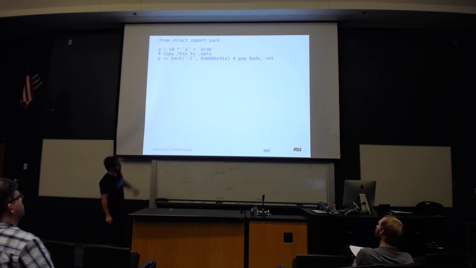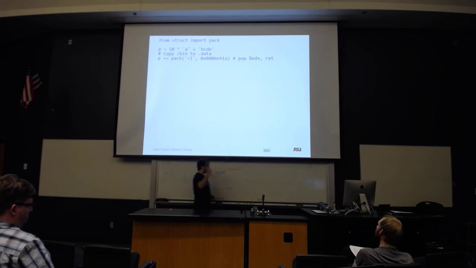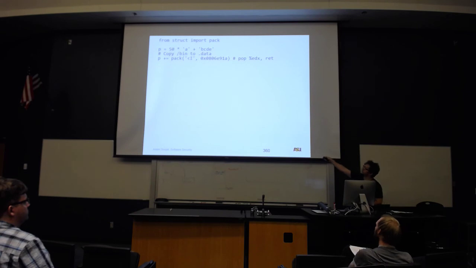We start out with our buffer and some garbage value for our frame pointer. And then we say, okay, let's copy the string /bin into the data segment. First we jump to this pop EDX ret gadget.